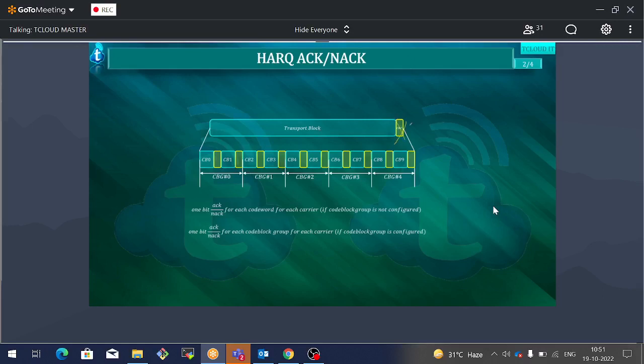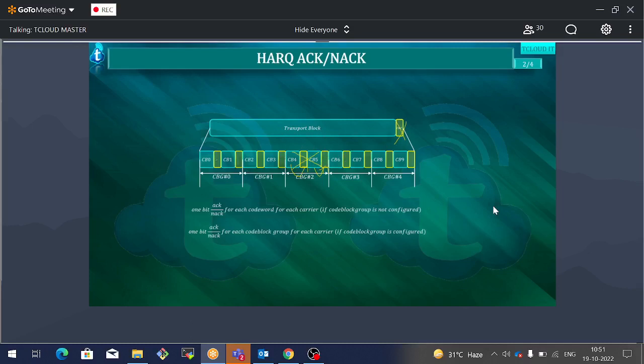Your transport block level CRC failed, because if the data present inside is corrupted, this block level check would fail. Maybe one block group related specific data failed. This you detected with the help of these additional CRCs attached. That means this transport block CRC failed because of this particular block group.